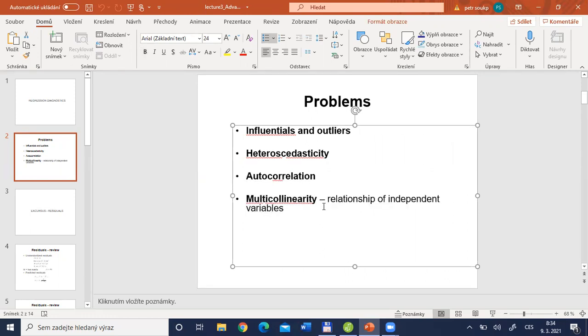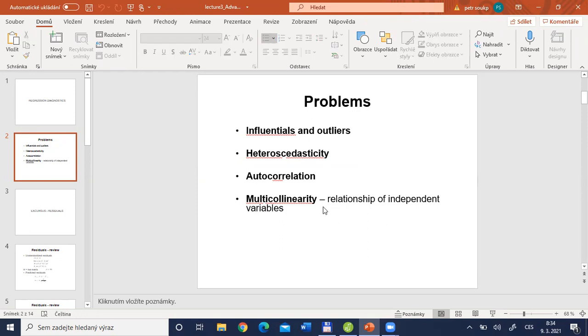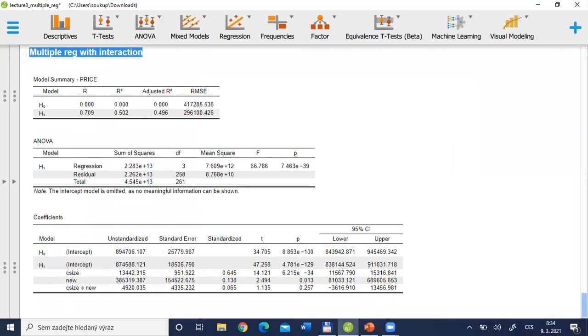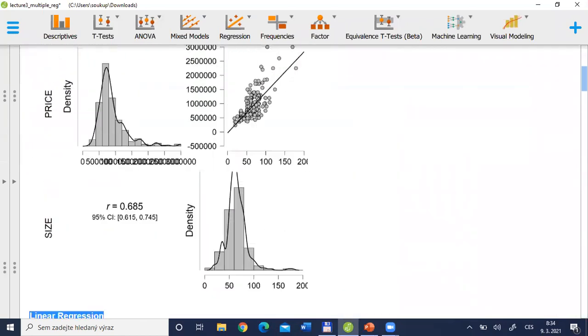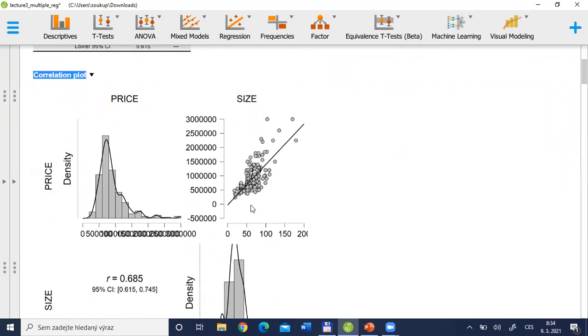Before we start, we need to know some more details about residuals, as these residuals are usually the base for computation of these problems. So, before I start the presentation, I would only repeat the basic idea. Here I have a combination of real data. These are the gray circles, and this is our regression line.